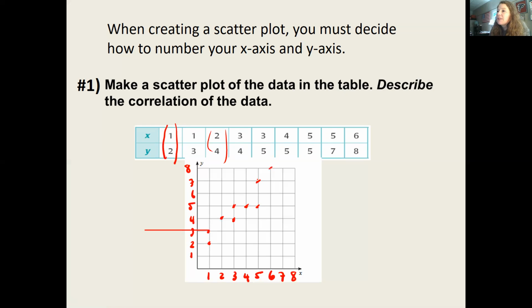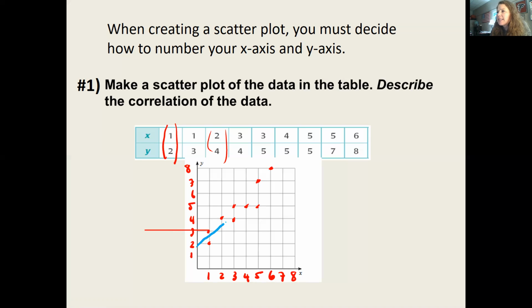So would you say that these two sets of data have a positive correlation, a negative correlation, or no correlation? Well, it definitely looks like there's a positive correlation going on, right? And when you draw your line of best fit, you want to make it straight and you want to try to go through the center of the dots. There should be about the same amount below the line and above the line, okay? So you don't have to necessarily hit any of the dots, but you want to try to go through the center of them.